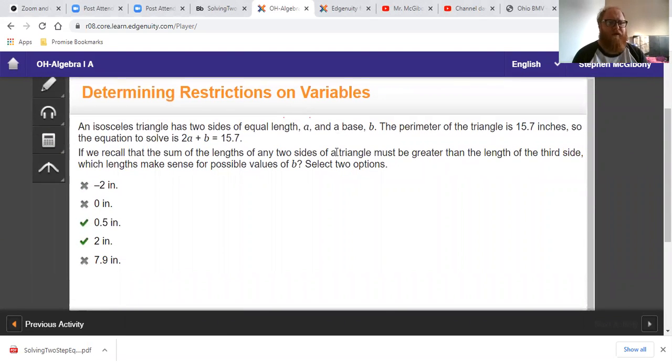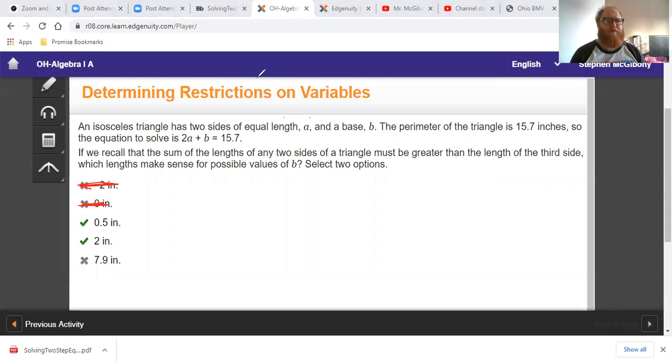Okay, an isosceles triangle has two sides of equal length, A, and a base B. The perimeter is 15.7. It gives us an equation. We recall that the sum of the lengths of any two sides must be greater than the length of the third side. So first of all, these two answers do not make sense because we can't have a negative length and we can't have a length of 0.